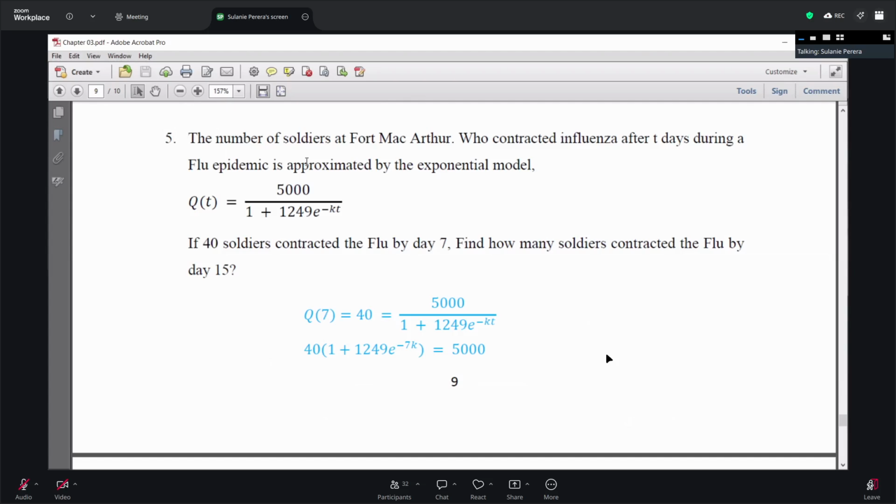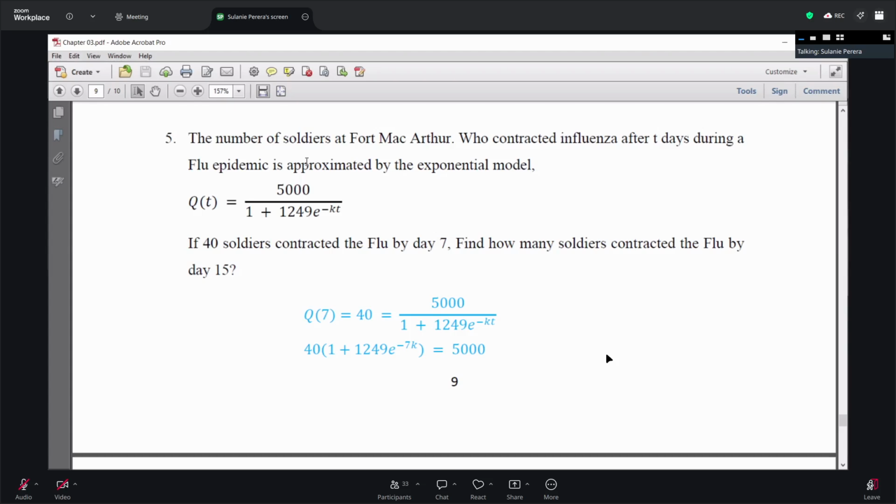They always give you the model. If it's exponential growth, you have to know that it is Qt equals Q naught e to the kt, or exponential decay, or the learning curve, or this logistic curve. Here, the spread of influenza follows a logistic curve model. If 40 soldiers contracted the flu by day 7, find how many soldiers contracted the flu by day 50. Can you try this out?